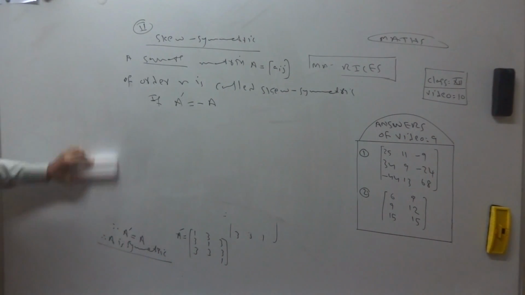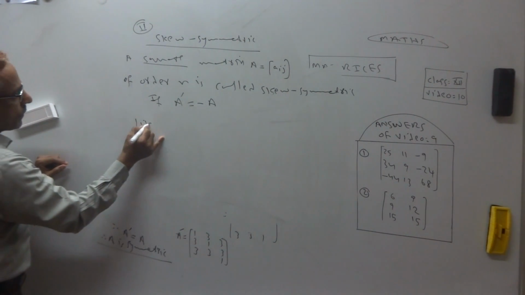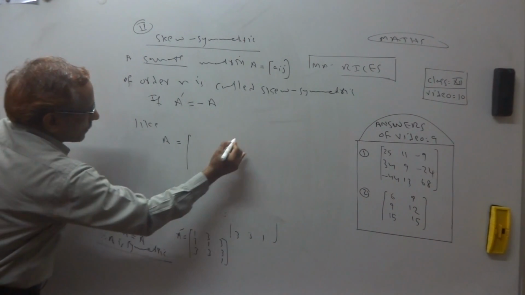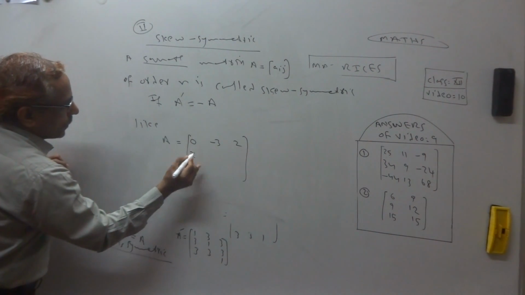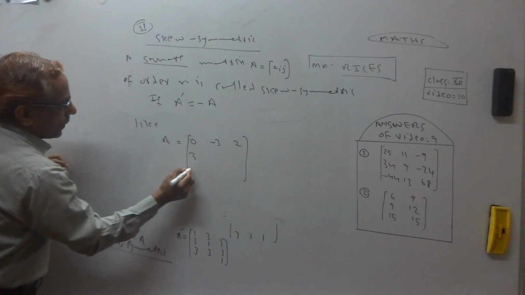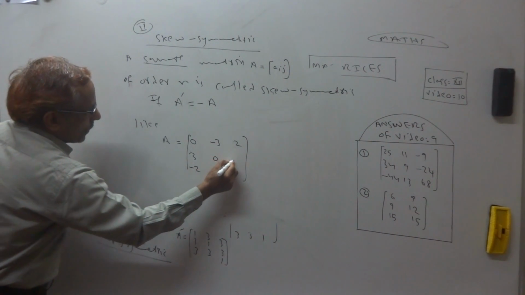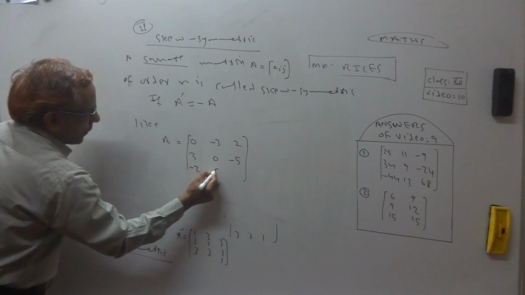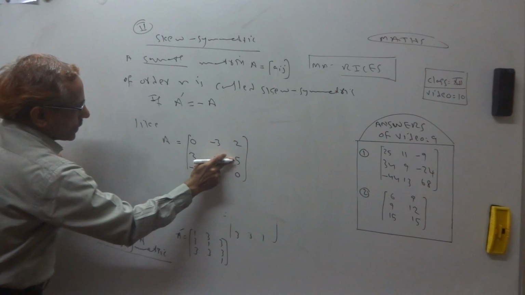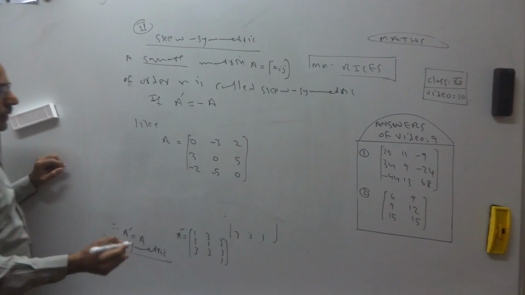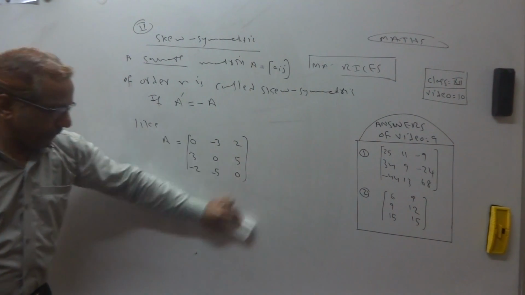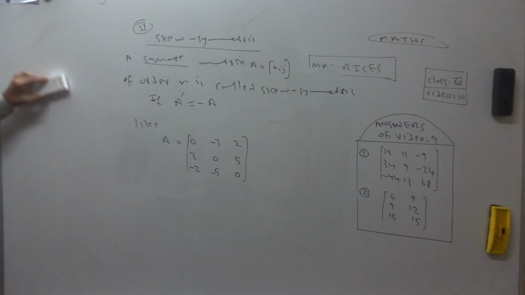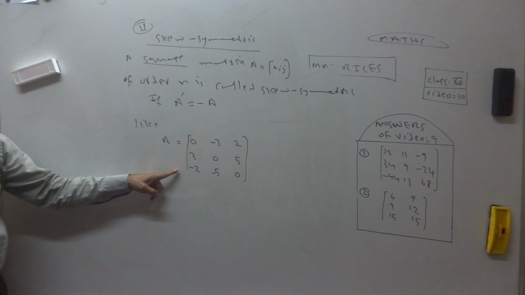Please see. Like A is 0, minus 3, 2, 3, 0, minus 5, minus 2, 5, 0. Yes, please see this. I am giving an example.